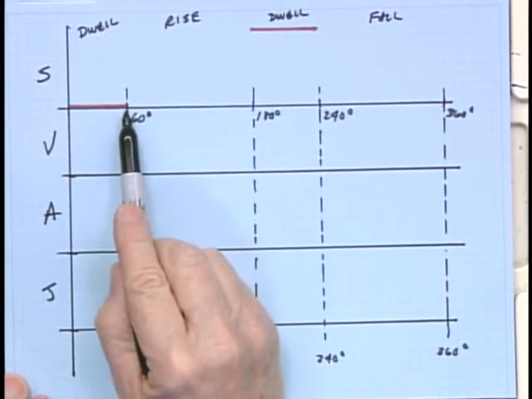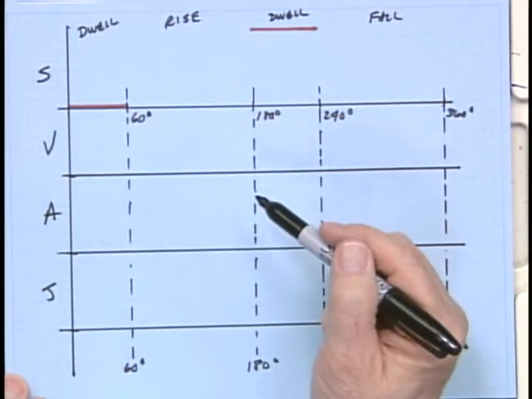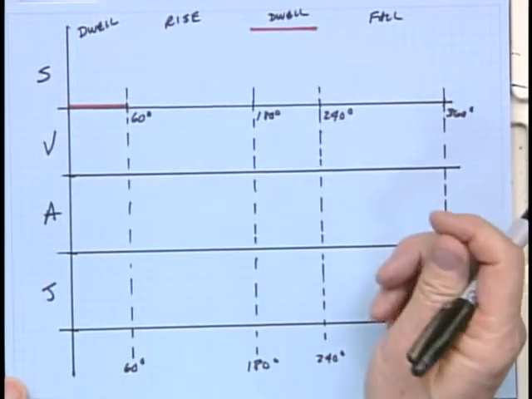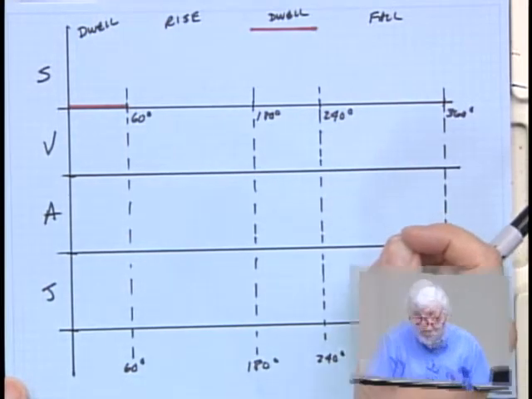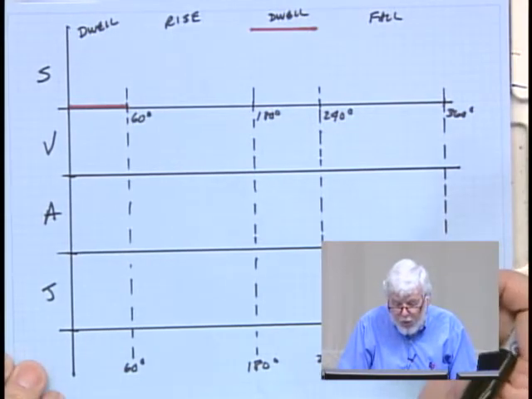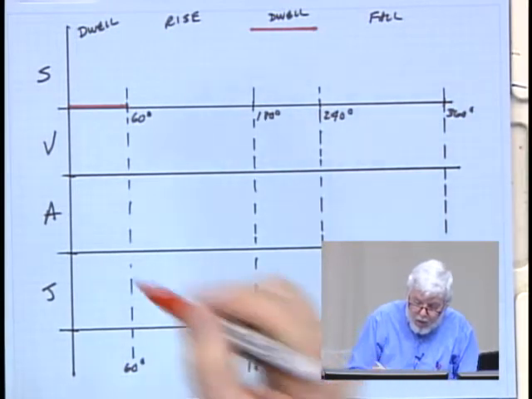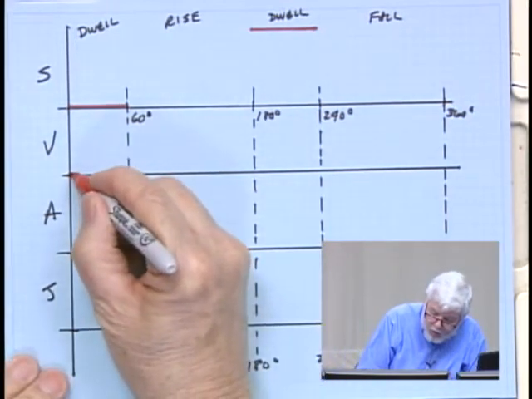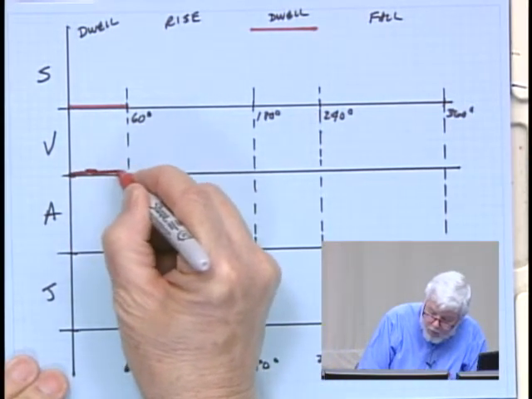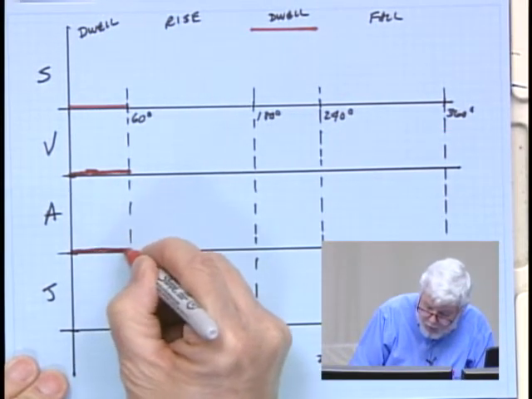I'm going to talk first about the rise, going from 0 to 120. The fundamental law of cam design, you should recall, says you must have continuity through the second derivative, i.e. acceleration. If I draw on here what the velocity is during the dwell, it should be obvious to you the velocity is 0, as is the acceleration.